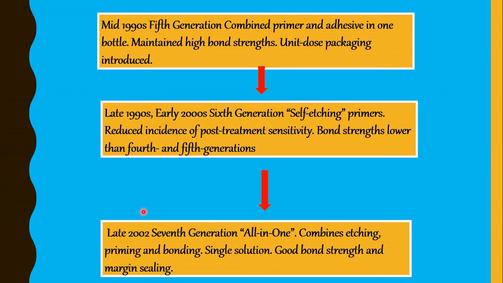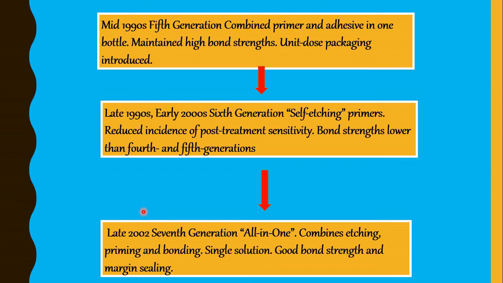They combined a primer and adhesive in one bottle, whereas in the fourth generation we have separate 3 bottles. So we have one etching step along with application of the primer and adhesive as a single unit via one bottle only. So this generation is also called the universal one.